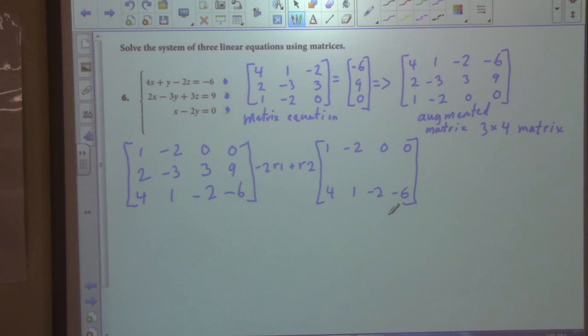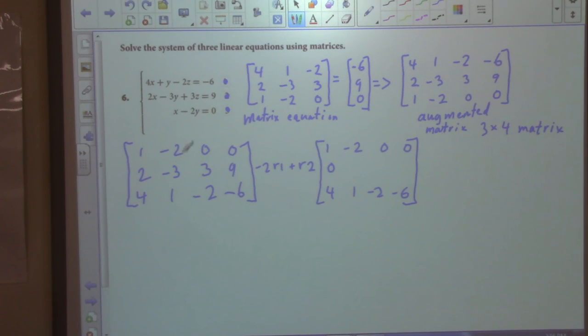All right, now, what's negative 2 times 1 plus 2? Negative 2 times 1, negative 2, plus 2 is 0. So that becomes 0.